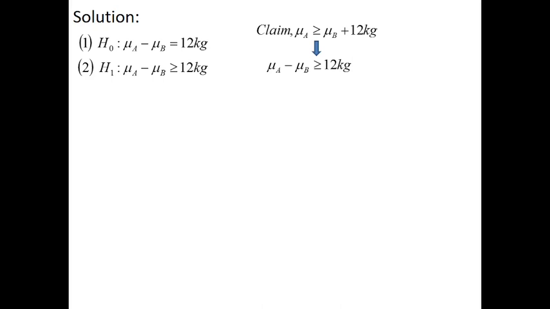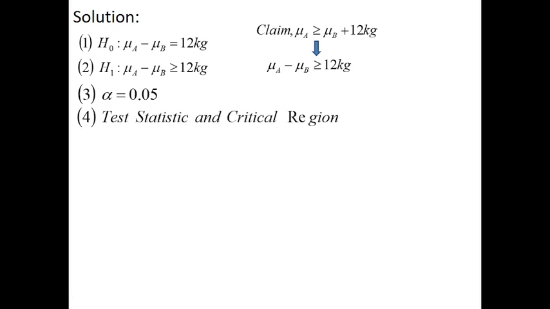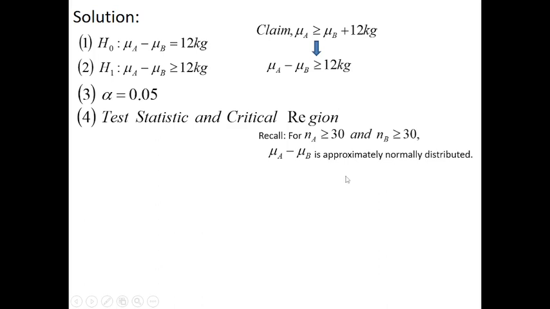Alright? So we proceed. Alpha is 0.05 as stated in the problem. So let us establish the critical region. Recall that for the total number of observations, for thread A we have 30. If it exceeds 30, and for thread B it exceeds 30, mu A minus mu B is approximately normally distributed.